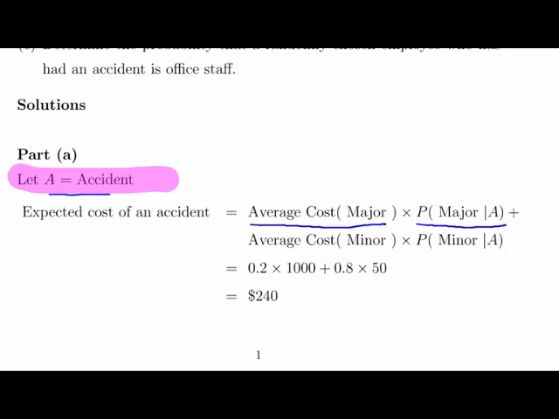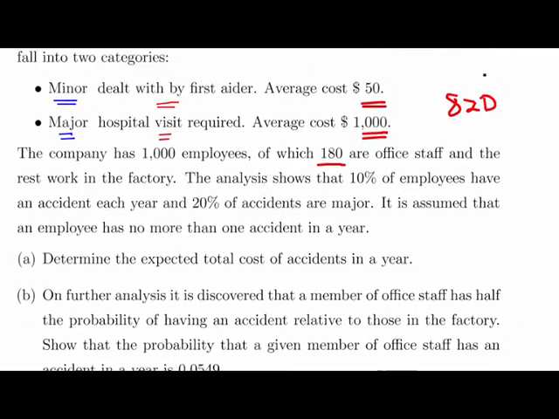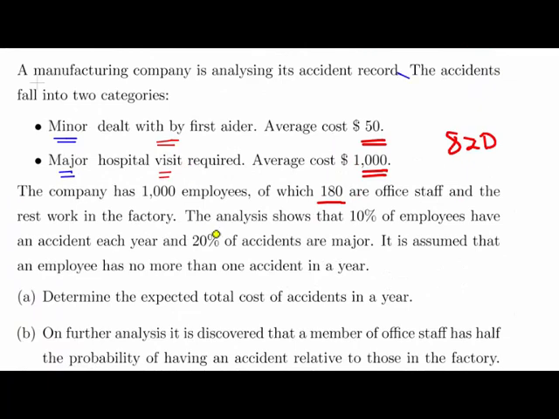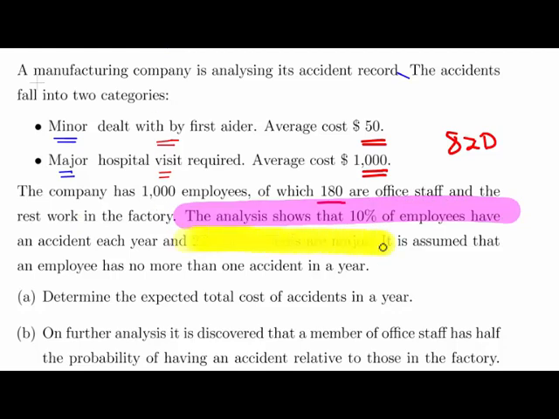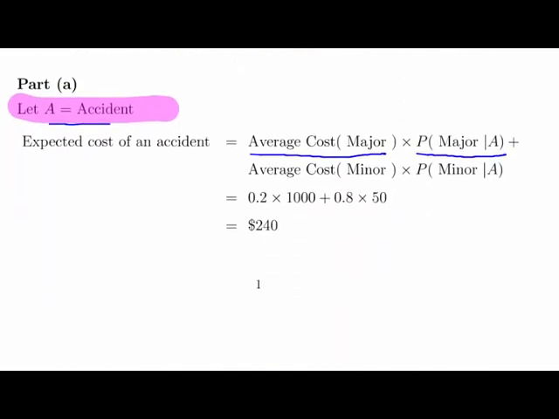So where do we get this? So essentially here, particularly the second line, 20% of accidents are major. That means 80% are minor. So the probability of it being a major accident, given that there has been an accident, is 20%, and likewise a minor accident.